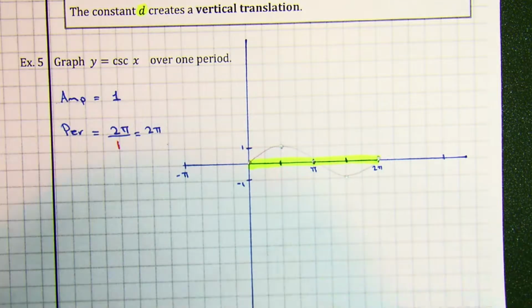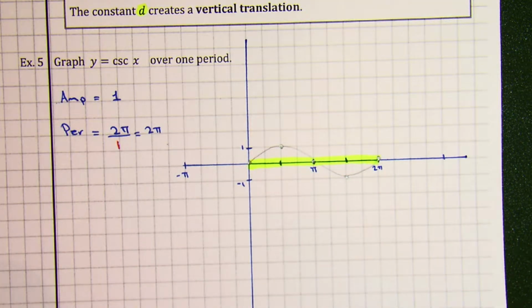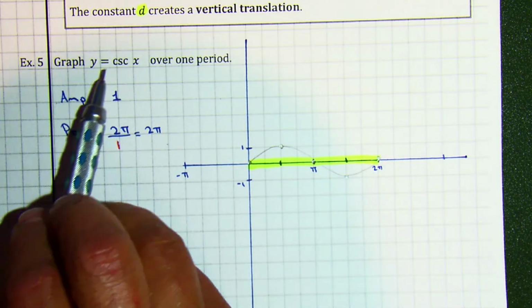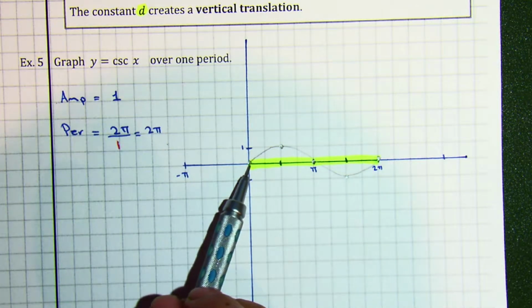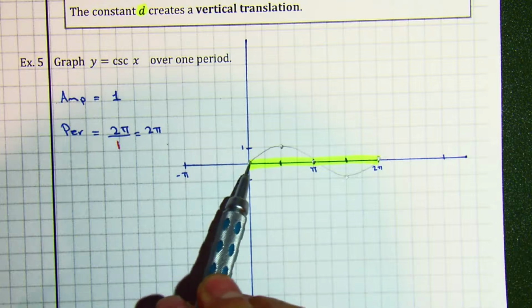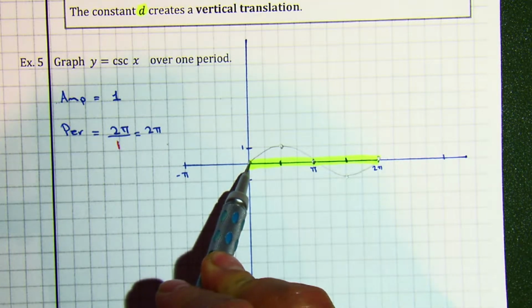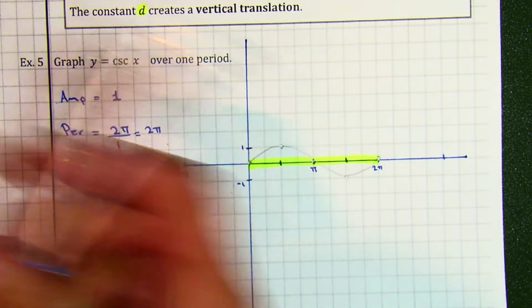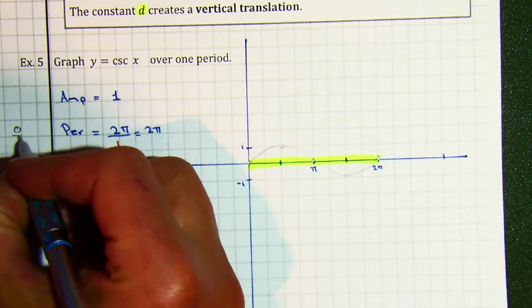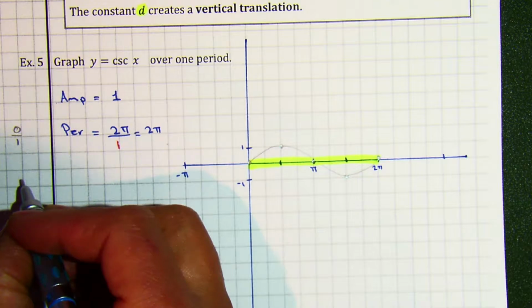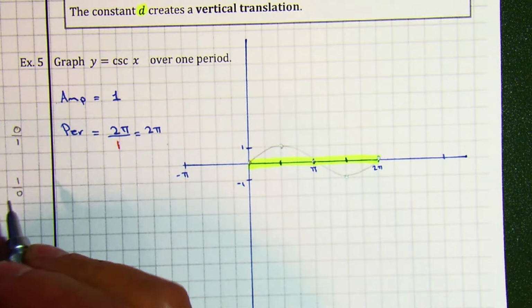We know sine is the reciprocal of cosecant, or cosecant is the reciprocal of sine. So at 0, what's the reciprocal of 0? It's undefined, correct? Because 0 is 0 over 1, and the reciprocal is 1 over 0, which is undefined.